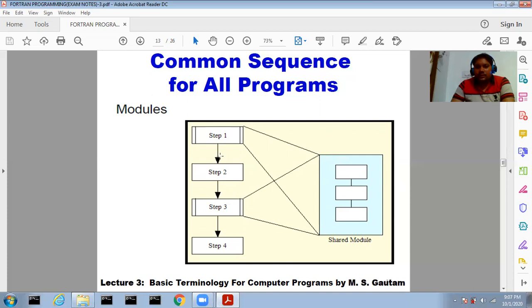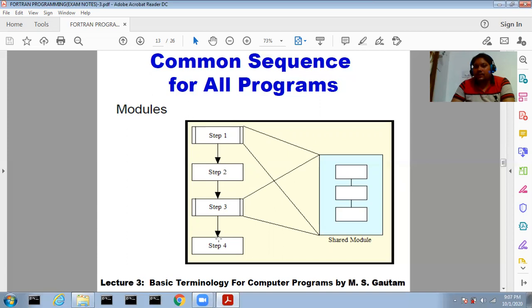Then the program will follow the arrow sequence and go to step 2, then to step 3. Again, this mini program or module is shared with step 3. That means a similar kind of calculation as done in step 1 will be repeated in step 3.